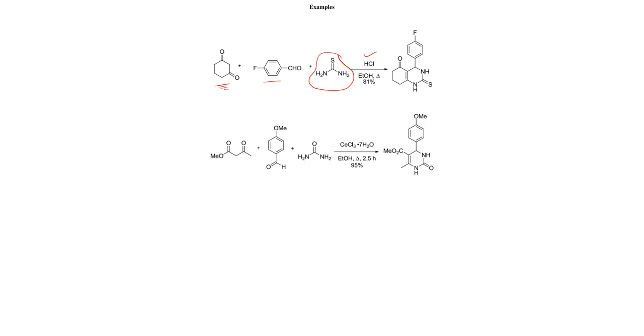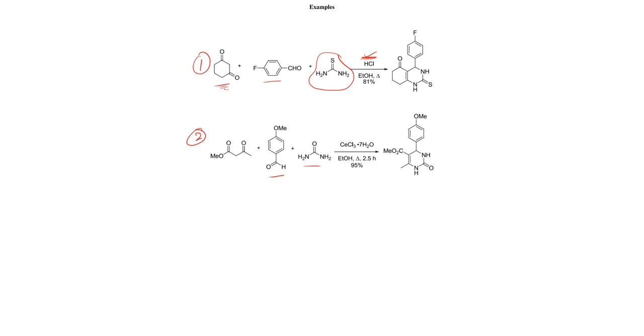In the second example, a 1,3-ketoester is used, along with substituted benzaldehyde and urea. In the first example, HCl is used because it is an acid-catalyzed reaction. But in the second example, cerium chloride is used, which is a Lewis acid.